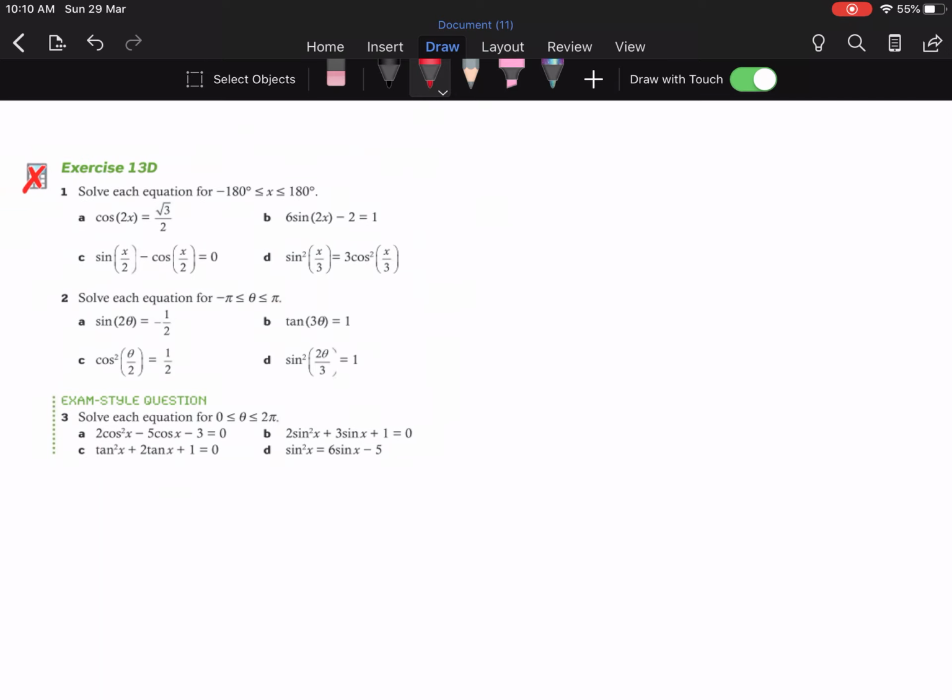So we've got 1A, cos 2x equals root 3 over 2. Now it says no calculator again, so what do you need to know? You need to know your triangle. What triangle do I need to know? Well, what one has root 3 over 2? Let me just draw that a bit smaller.